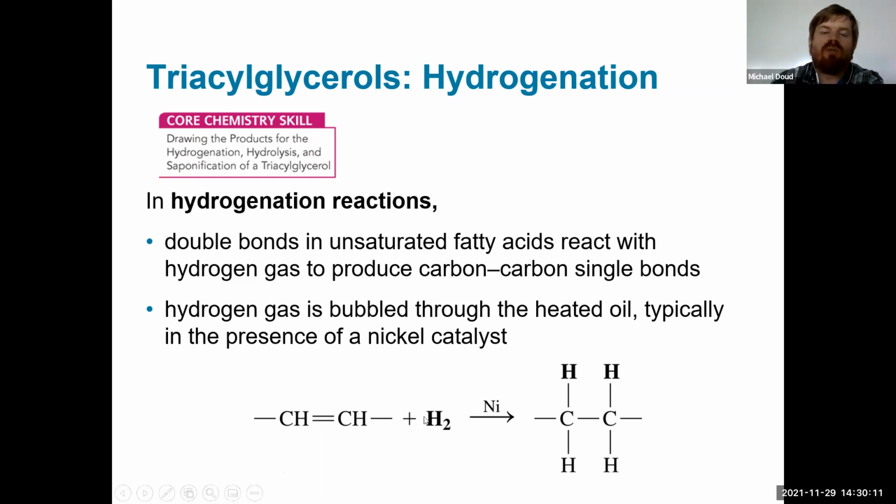And remember, what you do basically is you heat up the oil, in this case, you add in a nickel catalyst or some other palladium, platinum catalyst works as well, and bubble in hydrogen gas. And what happens is the carbon-carbon double bond will be broken, and you'll form 2 new carbon-hydrogen bonds. This is a way of taking an unsaturated fatty acid and producing a saturated fatty acid.